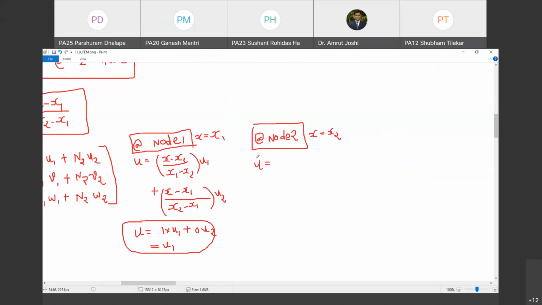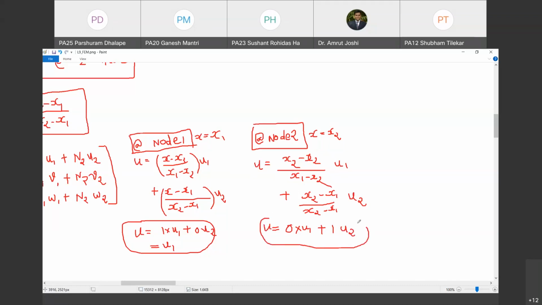So u is equal to x2 minus x2 upon x1 minus x2 times u1 plus x2 minus x1 upon x2 minus x1 times u2. So it is equal to 0 times u1 plus 1 times u2. So at node 2, I get u equal to u2, which I should get. Are you with me? Type your response in the chat box. Have you understood this?